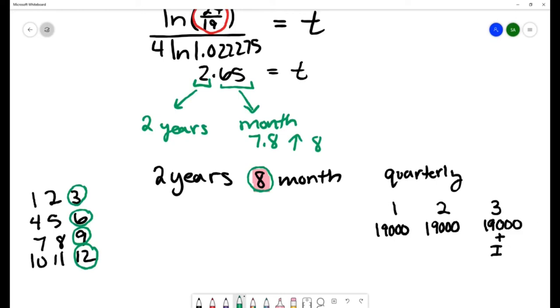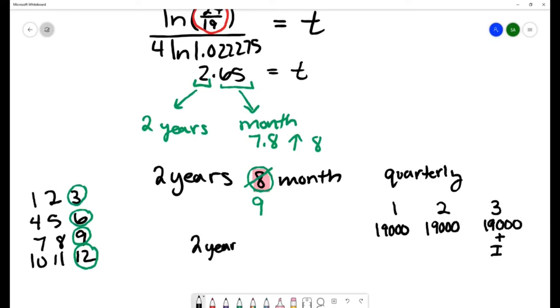And so when we're trying to decide when the balance will reach $24,000, like in this problem, it can only occur on those months where interest is being added in. So we're going to round this 8 months up to 9 months so we can more align with the construction of this example.